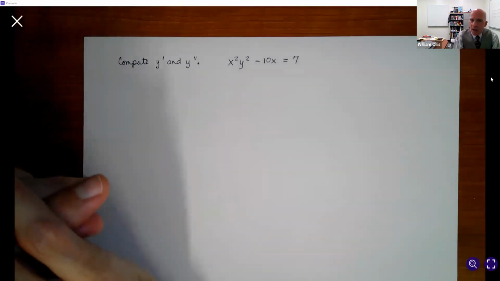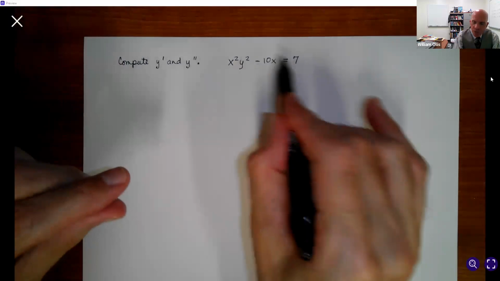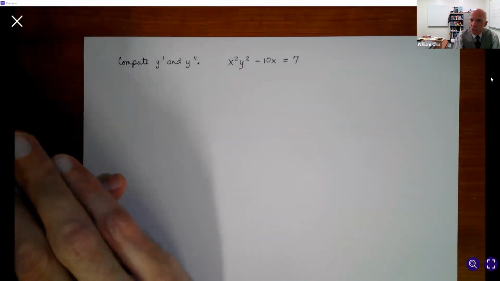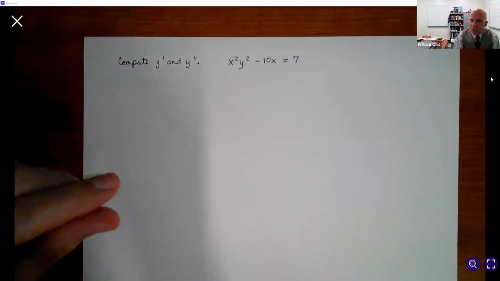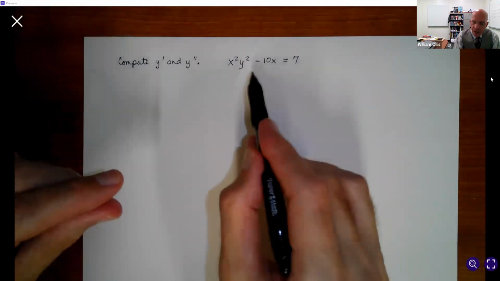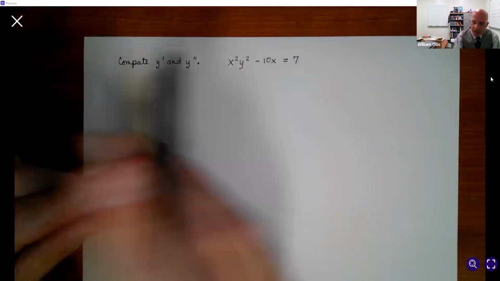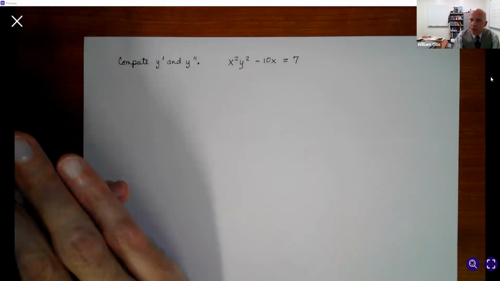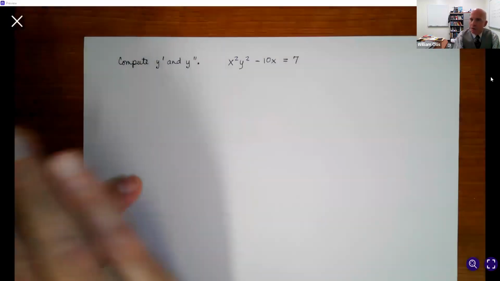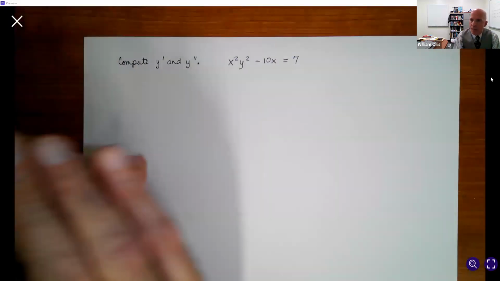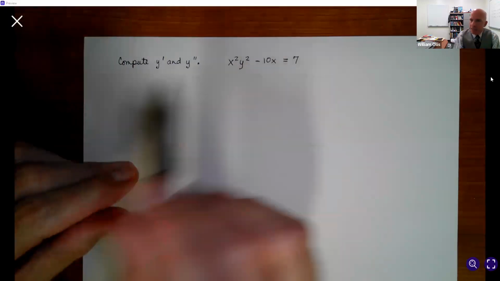But I will make a comment here. You can rearrange the equation to suit your purposes. In the lecture notes, I've done a problem that's very similar to this, if not the same one, where I leave it alone. That is, you just work it as is.